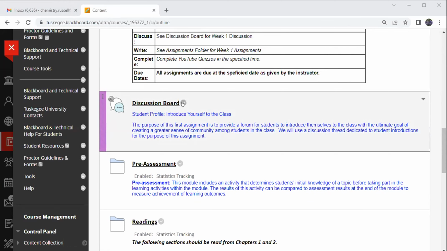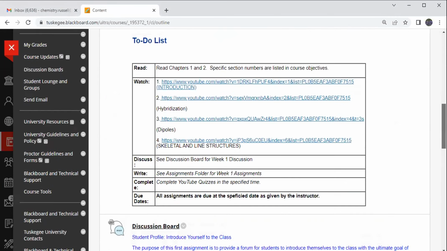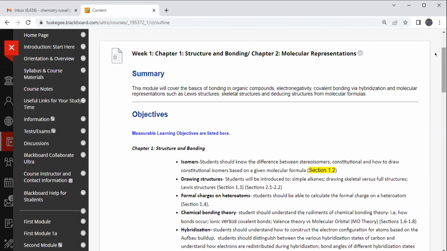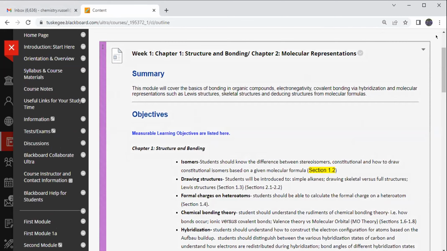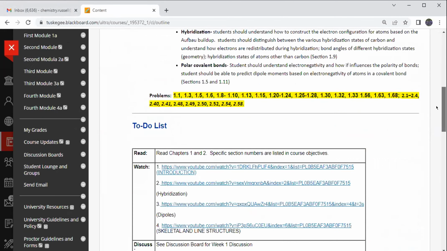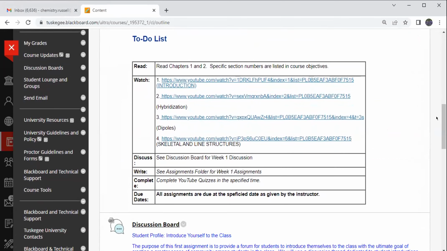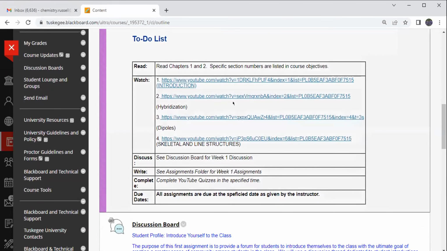Okay, so let me go back because I thought my other device was still going. All right, so every module has a summary and learning objectives up top. If you don't get the email that I send out with the videos to watch for class, you can always come inside the module, and where it says watch, all the videos are going to be here, right?